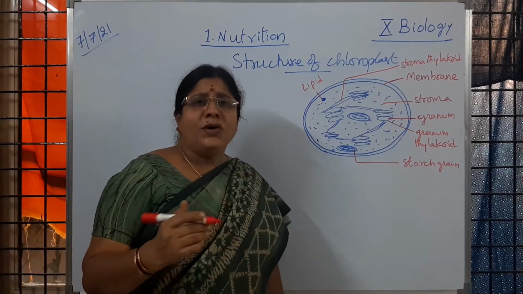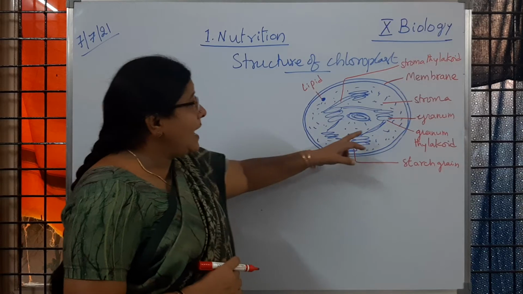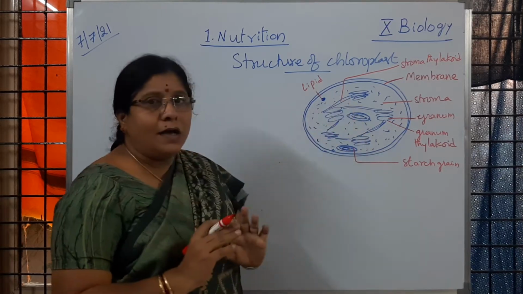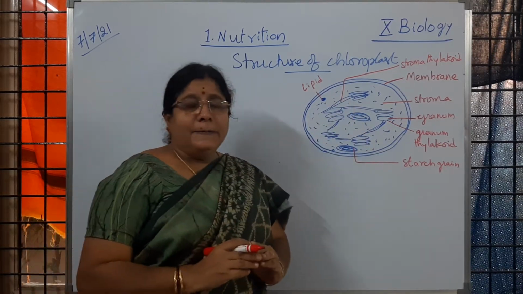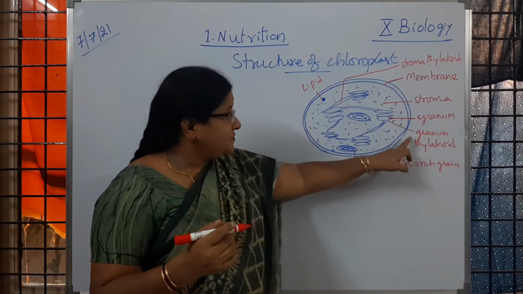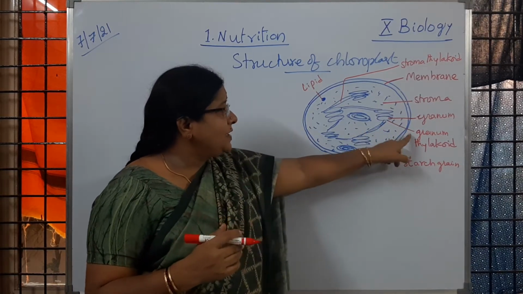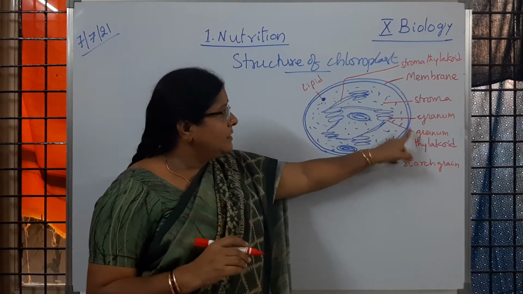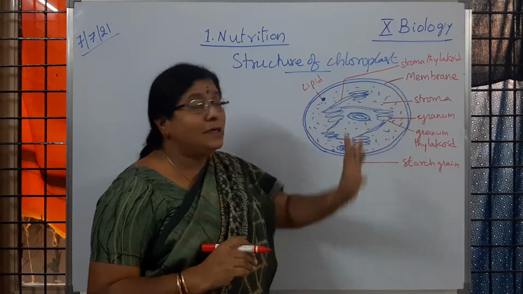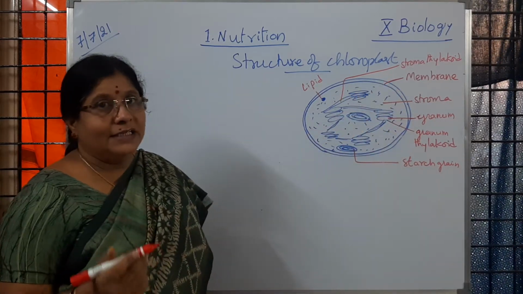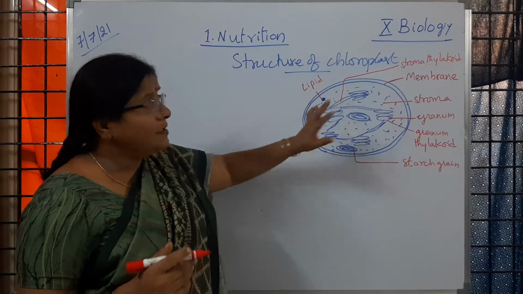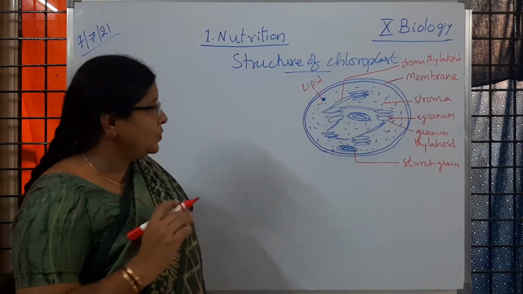Thylakoid is a protein part, children. So the grana and stroma are covered by the membranes which we call granum thylakoid and stroma thylakoid. Is it clear to children? So like that it is the structure of a chloroplast.